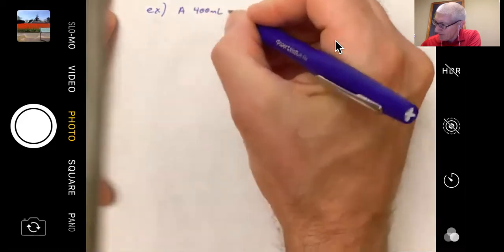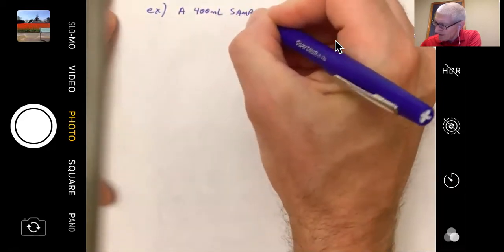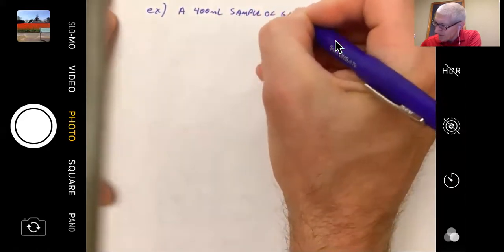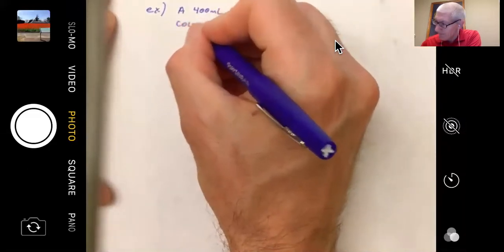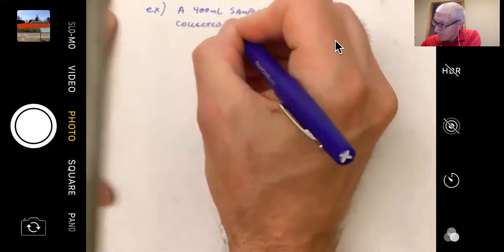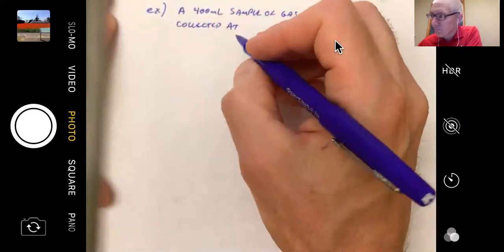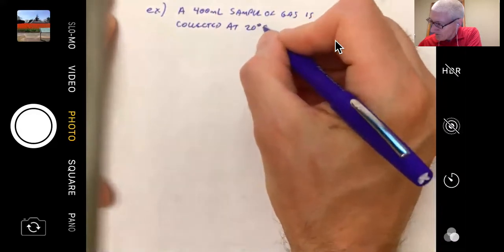All right, let's go ahead and say that a 400 milliliter sample of gas is collected at 20 degrees Celsius.